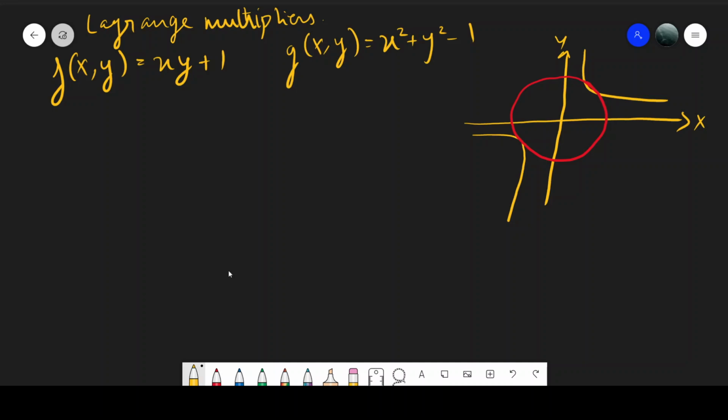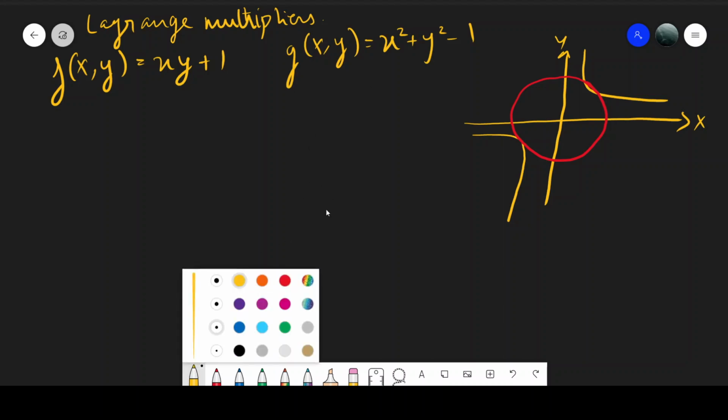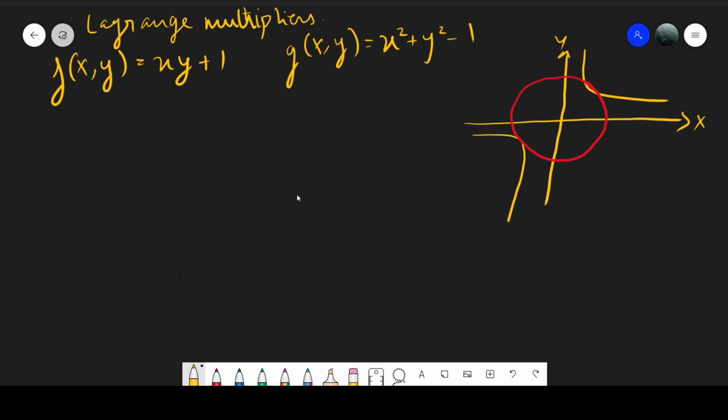And so how do we go about doing that? We use a little bit of geometry over here. You can see that the point where both the circle and the function f of xy meet each other will share a common tangent, like this.